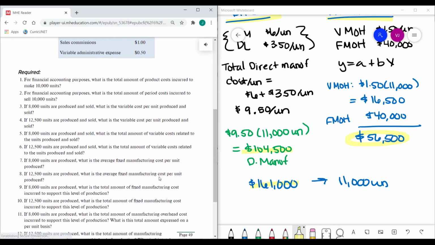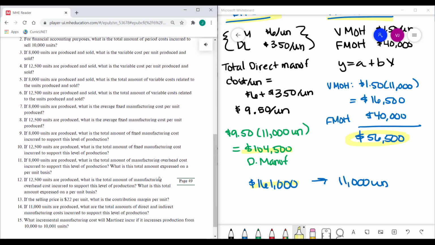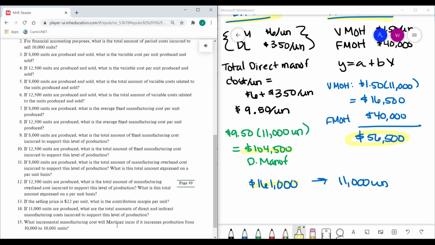And lastly, number 15. What incremental manufacturing cost will Martinez incur if it increases production from 10,000 to 10,001 units? And so again, what incremental manufacturing cost will they incur if they produce just one extra unit? If they go from 10,000 to 10,001 units.